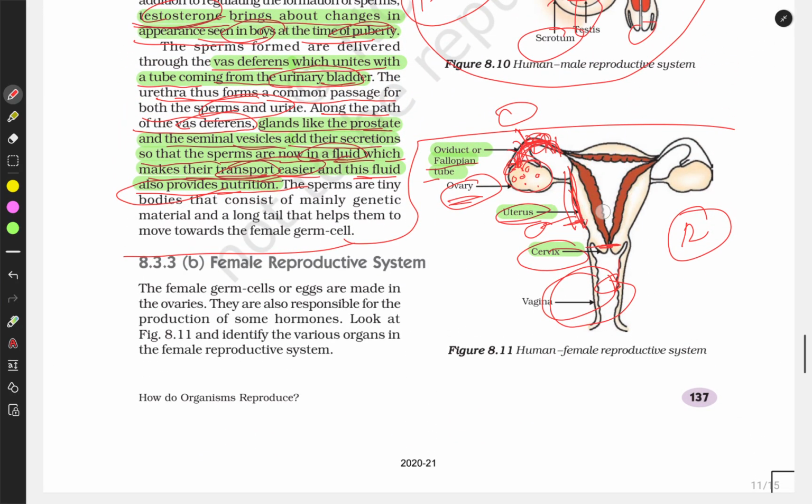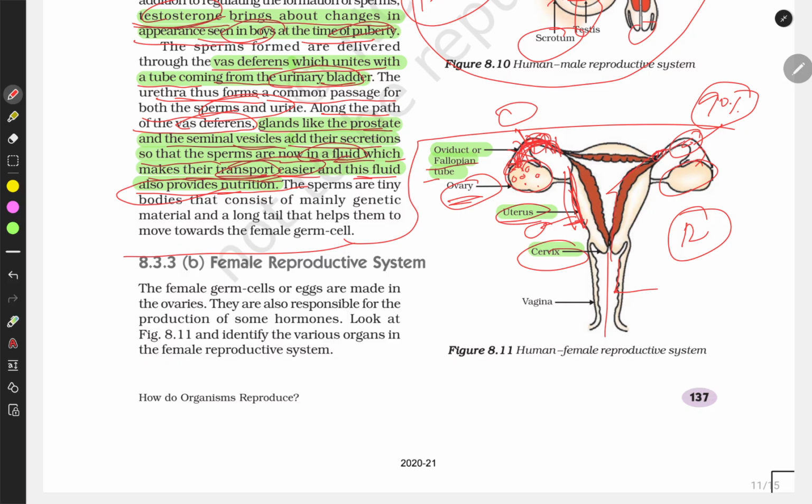So sperm is injected through the vaginal canal through natural copulation, or in case of artificial fertilization, it can be introduced through artificial means into the fallopian tube. So what happens in this case? The egg coming from the ovaries gets fertilized in the fallopian tube, in about 90% of cases in the ampulla region.